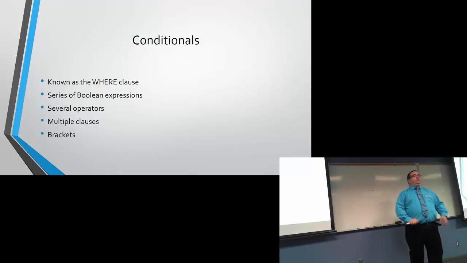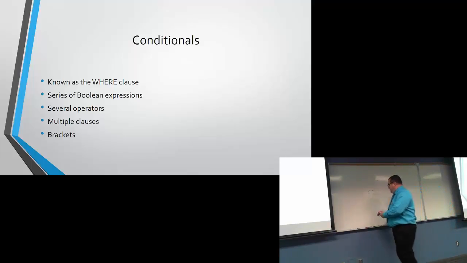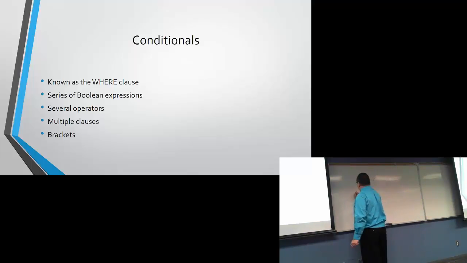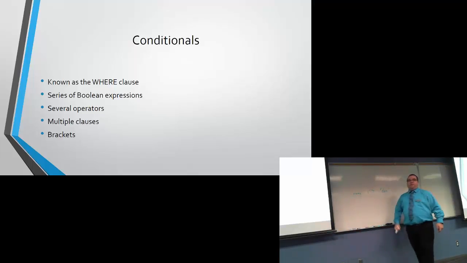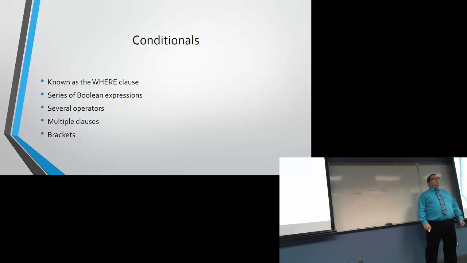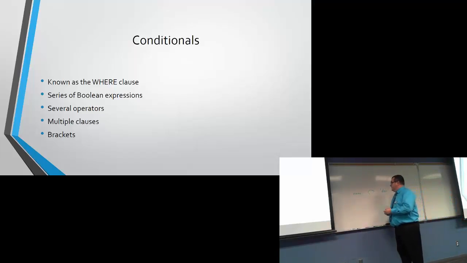It's impossible. So in other words, you could say name's not equal to Dan. Because it can't be greater than Dan, less than Dan. Because Dan is all there is to it.